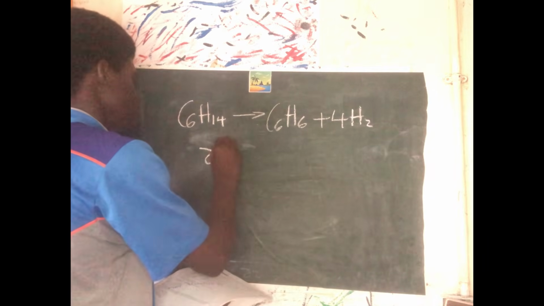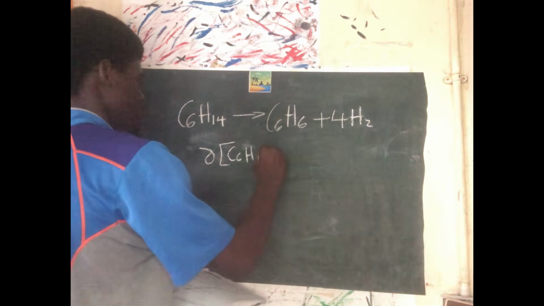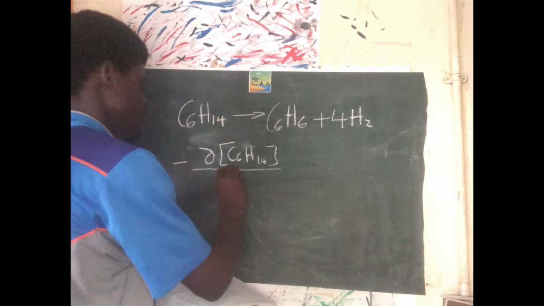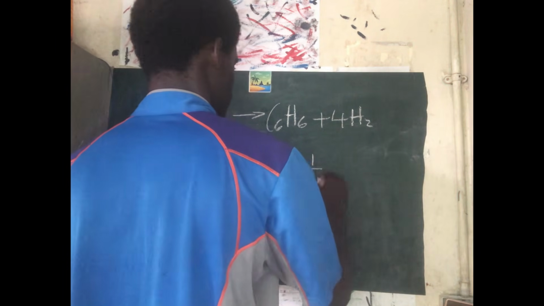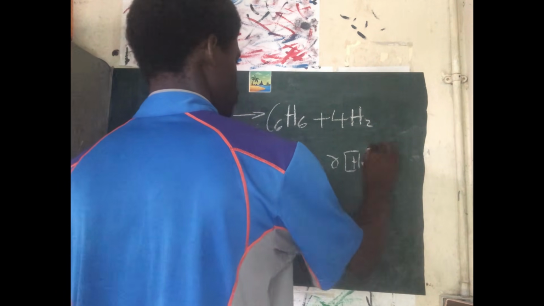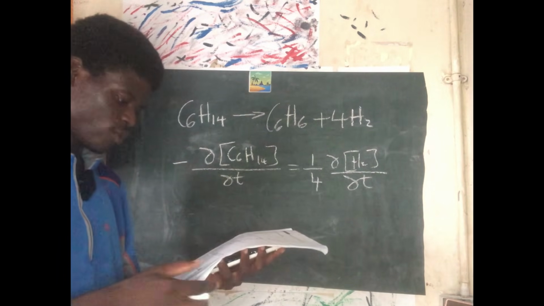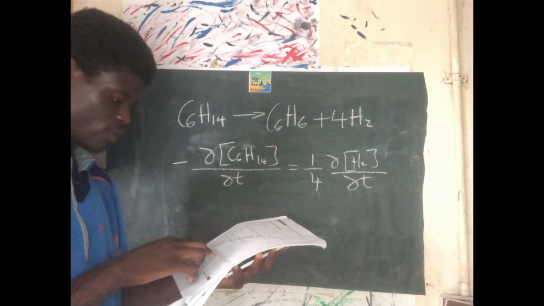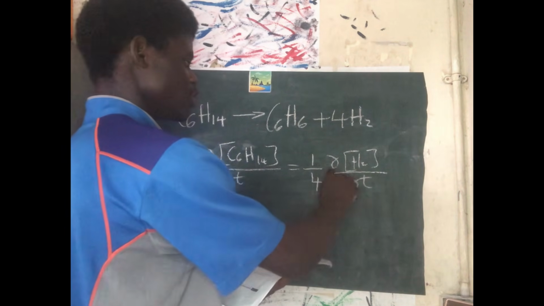That will be minus change in C6H14 over dt is equal to 1 over 4 d H2 over dt. So they already gave us the value for this, change in H2 over dt.